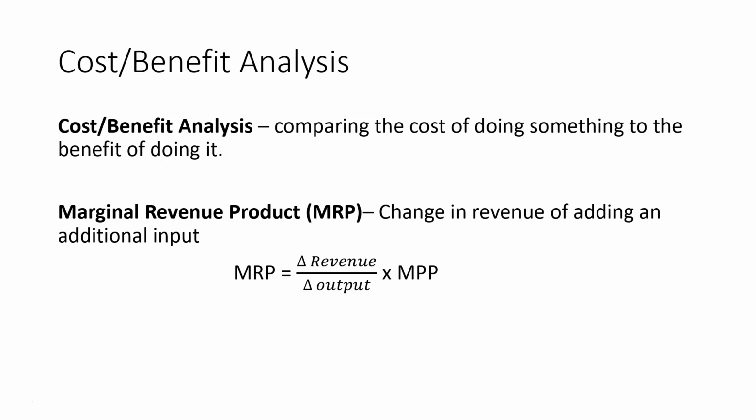Please remember that the triangle that you see here is the Greek letter delta. And delta is the term we use both in economics and in other sciences to represent the word change. So the marginal revenue product is the change in revenue due to a change in output times the marginal physical product of the last input.